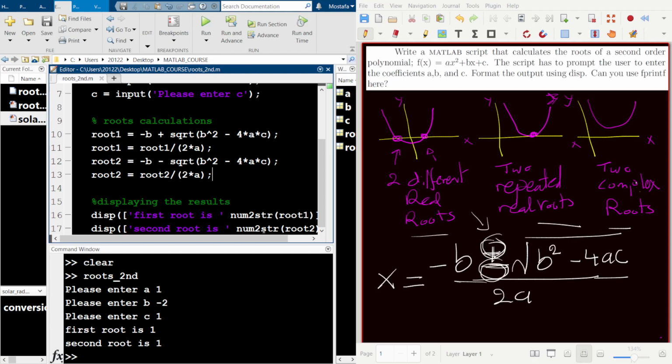I have to say that MATLAB has a built-in utility to calculate roots of polynomials, but at this stage, while we are at an early stage of learning programming, it's not recommended to use these built-in functions. Later on, of course, they are recommended because they are optimized, fast, written by experts. But at an early stage of learning programming, it is better to practice based on the key principal concepts that we developed step by step.